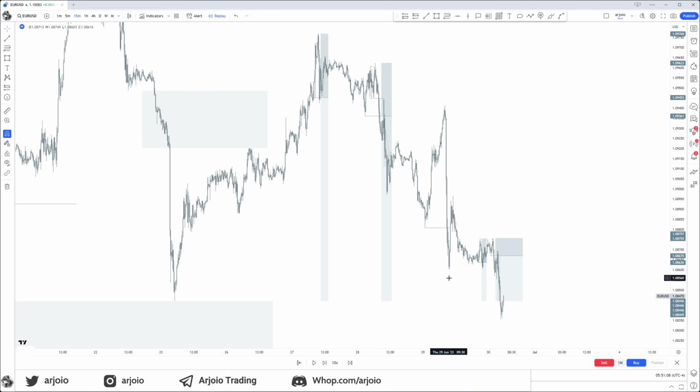Now, imagine if we paid attention to kill zones, market structure, and order flow. Order flow is what I go very in depth on inside the mentorship. And I can already tell you, applying these things, this loss right here would have been avoided using the kill zones already. That is a -1 avoided.